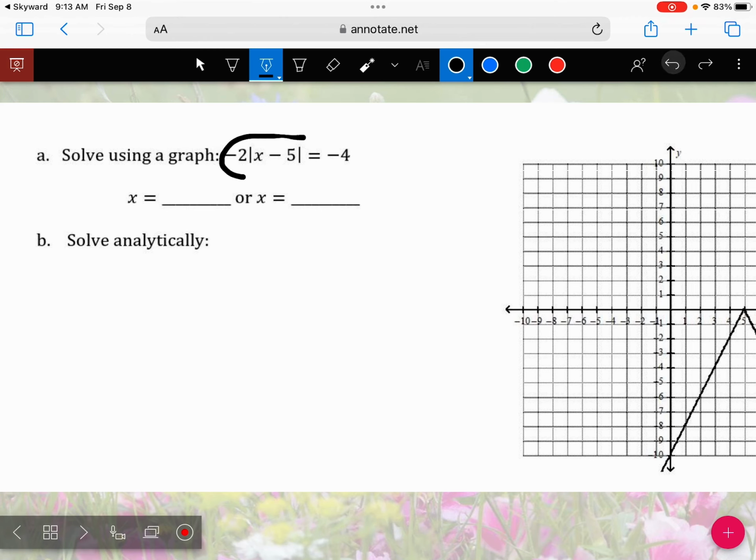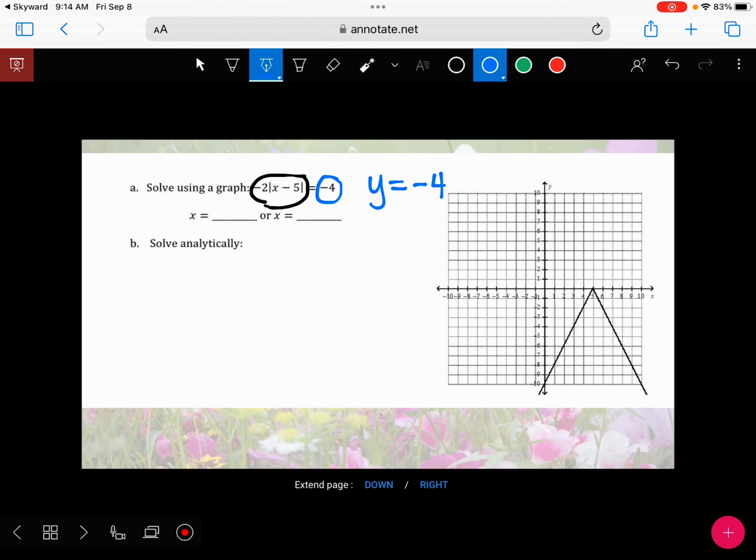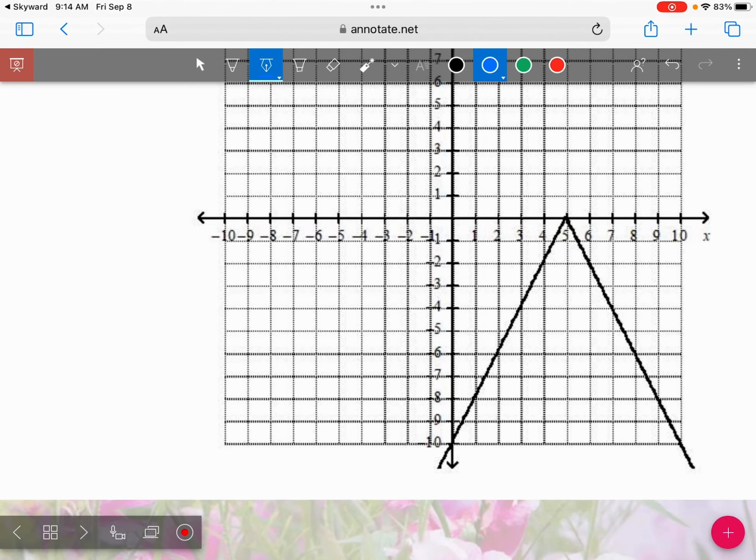That half. That's already been graphed for us. And what we need to graph is this. So I want you to draw a horizontal line at y equals -4 on the graph. So at -4, I'm going to zoom in, and I'm just going to draw a horizontal line straight through.